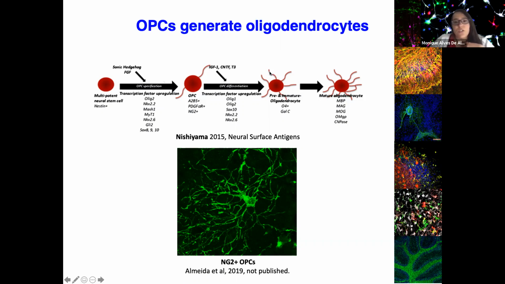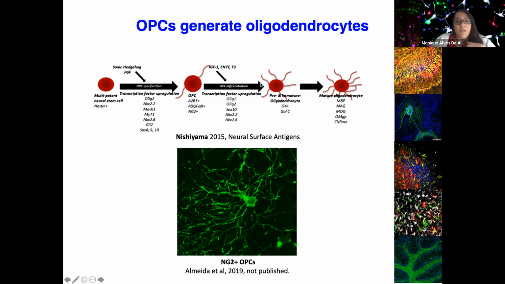Differentiation along the oligodendroglial lineage to pre-oligodendrocytes, or premature oligodendrocytes, is potentiated by the addition of IGF1, CNTF, and T3 factors that are produced by different glial subtypes, and requires the transcription of different factors such as OLIG1, OLIG2, and SOX10 as well.